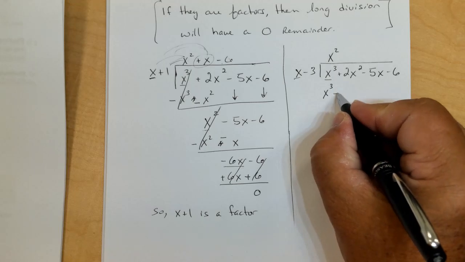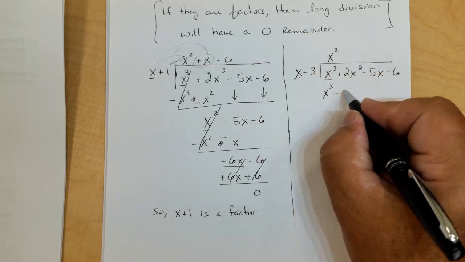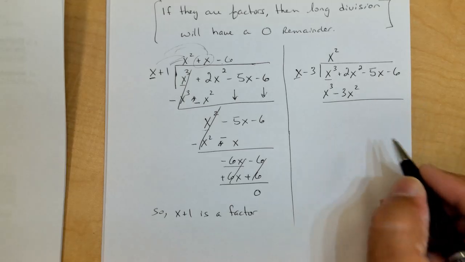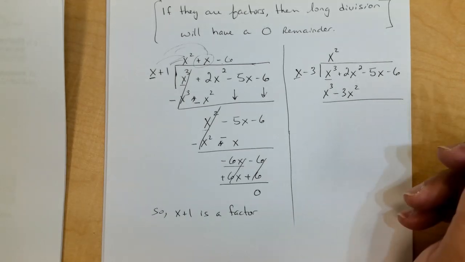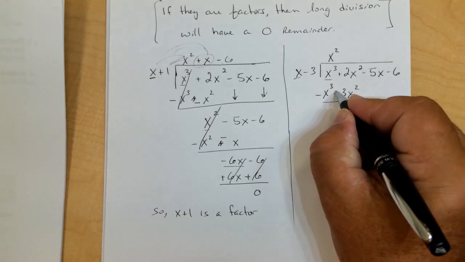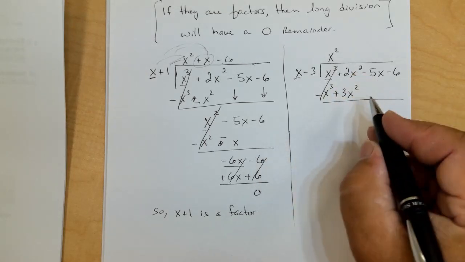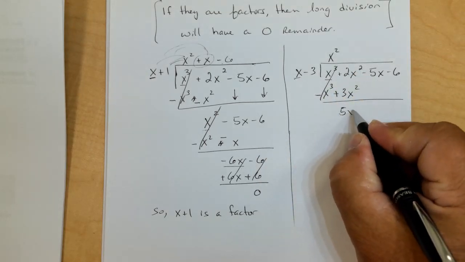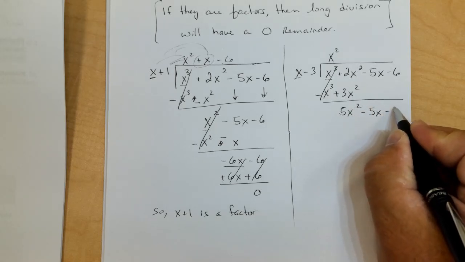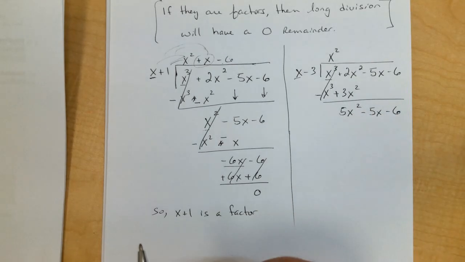Positive times negative is a negative. X squared times 3 is 3x squared. Change the signs and add. X squared minus 5x minus 6.